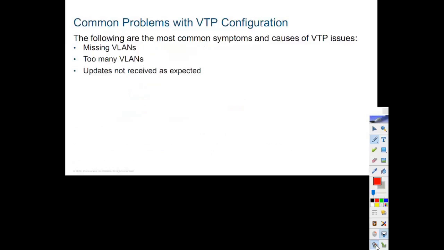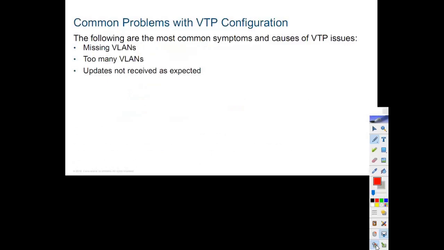Some of these now are getting you into troubleshooting. That's what this is: common problems with VTP. Following the most common symptoms and causes, they tell you it's because of that. Maybe there is missing configuration, maybe some of the VLANs are missing, or maybe there are too many VLANs, and so forth.